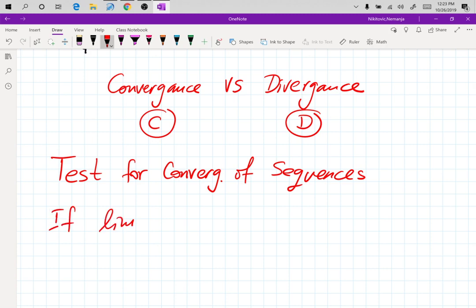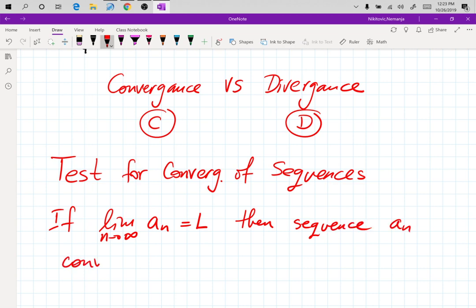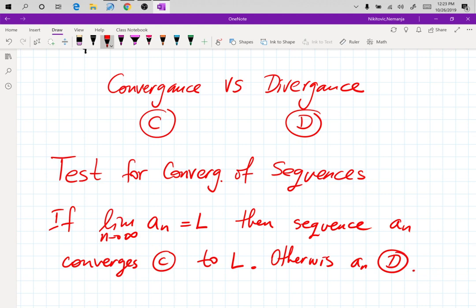If the limit as n goes to infinity of a_n equals L, then sequence a_n converges to L. Otherwise, a_n diverges. Put this on a cloud.